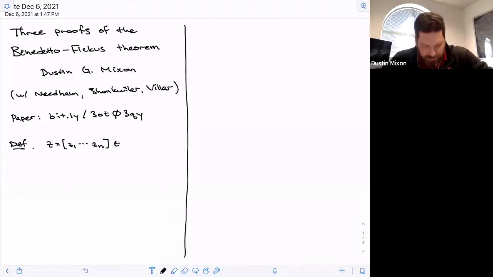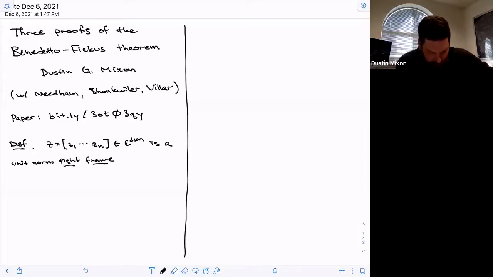So I'll start by defining an object that I think most of us are familiar with. I'm going to have a short fat matrix, call it big Z. The columns are Z1 through Zn. This is going to be a unit norm tight frame. It needs to satisfy a couple of properties. First, it satisfies this unit norm constraint.